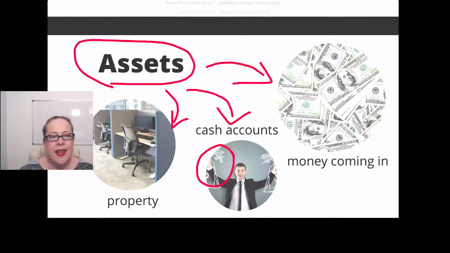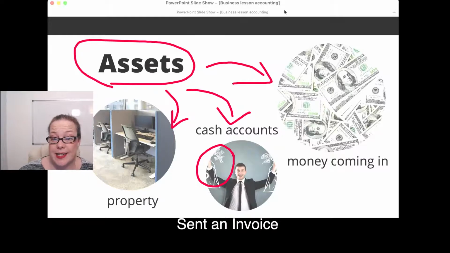You might be thinking, how will you know how much money I will have coming into my business? Well, hopefully you would have sent out an invoice. And an invoice is a document that tells someone how much money you have charged them for your products or services.